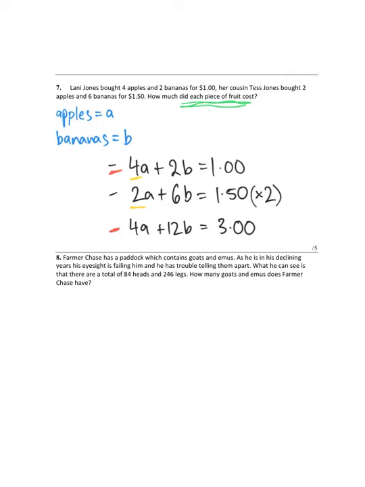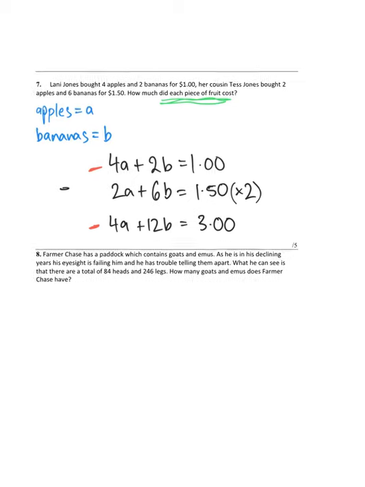We want to eliminate the A's. We've got 2 positive 4s, so to eliminate them, I need to subtract these 2 equations. I'll do it over here to give myself a bit more room.